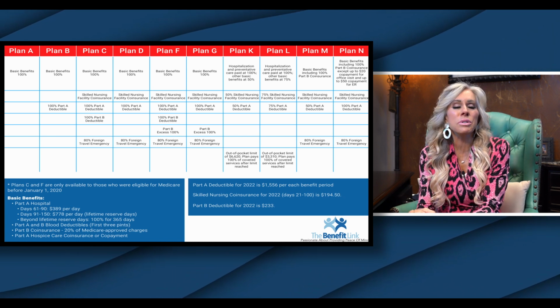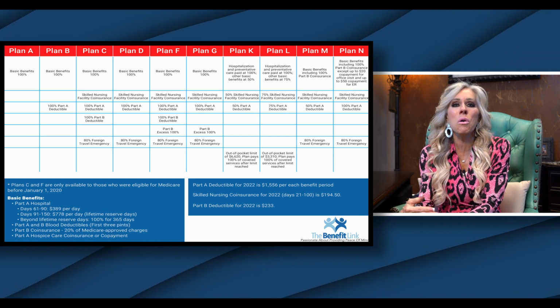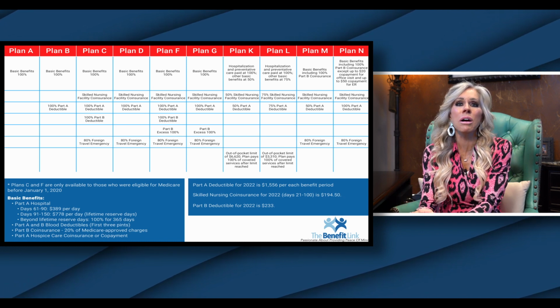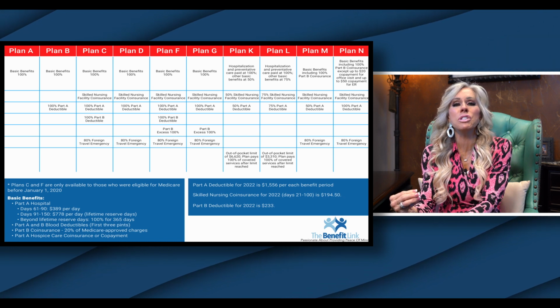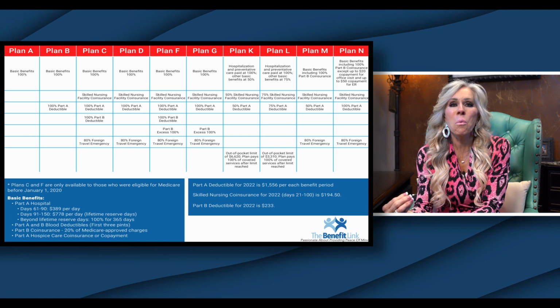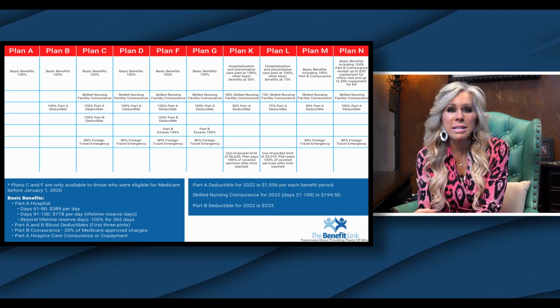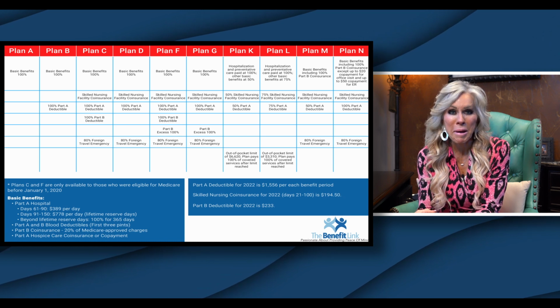You have deductibles in the hospital. You have, after so many days in the hospital, you owe another additional amount. You have different amounts that you're responsible for. And again, if you call the benefit link, we'll go over this one-on-one with you and we'll just dive right into it. But I want to give you a basic overview of how this works, okay?